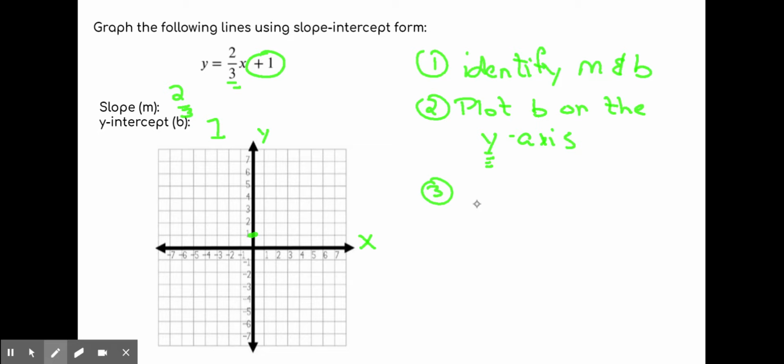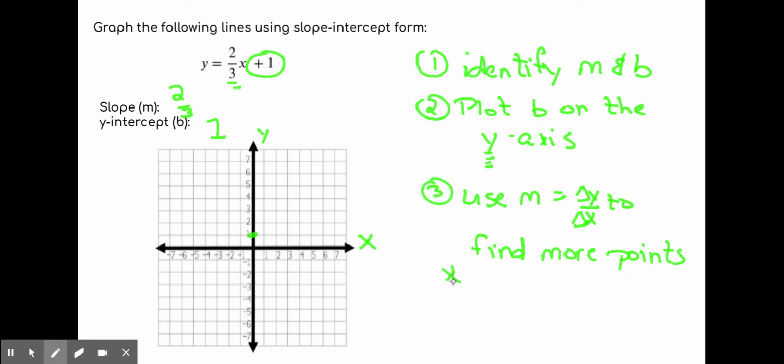3 is even better. Okay, so we're going to use the slope, which remember is the change in y over the change in x, to find more points. We're going to use the slope to find more points, but what's important is we need to start at b.